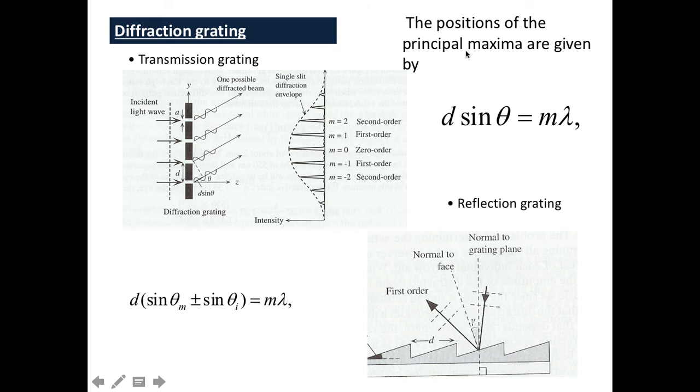The positions of the principal maxima are given by d sine theta equals m lambda. For the reflection grating, this is the incident and this is the reflection, normal to the face. So d sine theta m, where m means order, plus or minus sine theta i for the incident, equals m lambda.